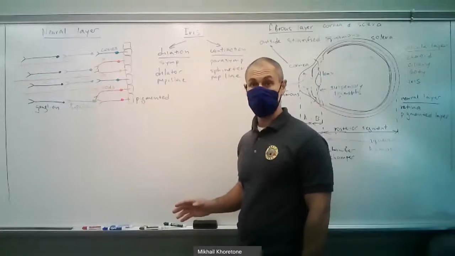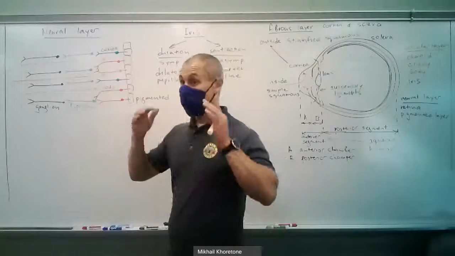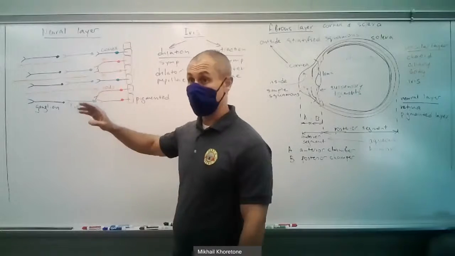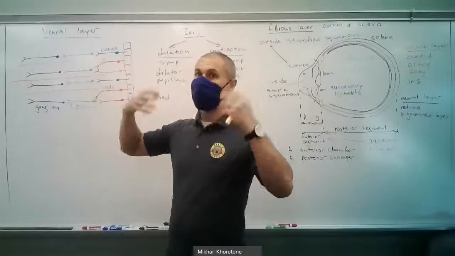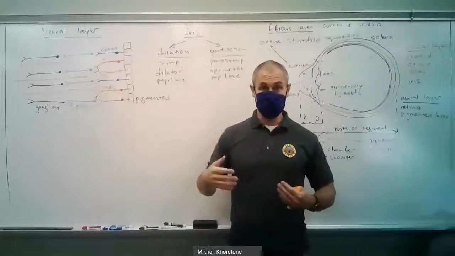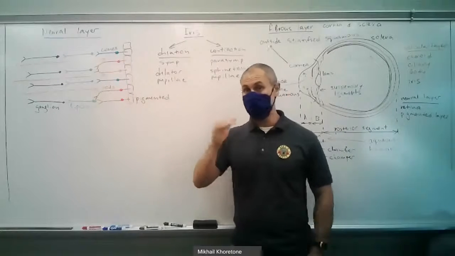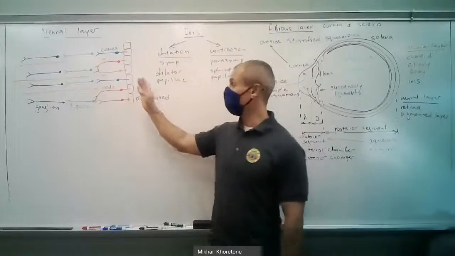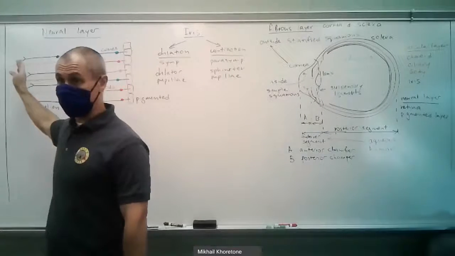Are we clear? Now, the basic idea of light perception, very basic. Light is absorbed by photoreceptor cells. Photoreceptor cells generate a signal. I deliberately say just generate a signal. The signal goes through the bipolar cells to ganglion cells.